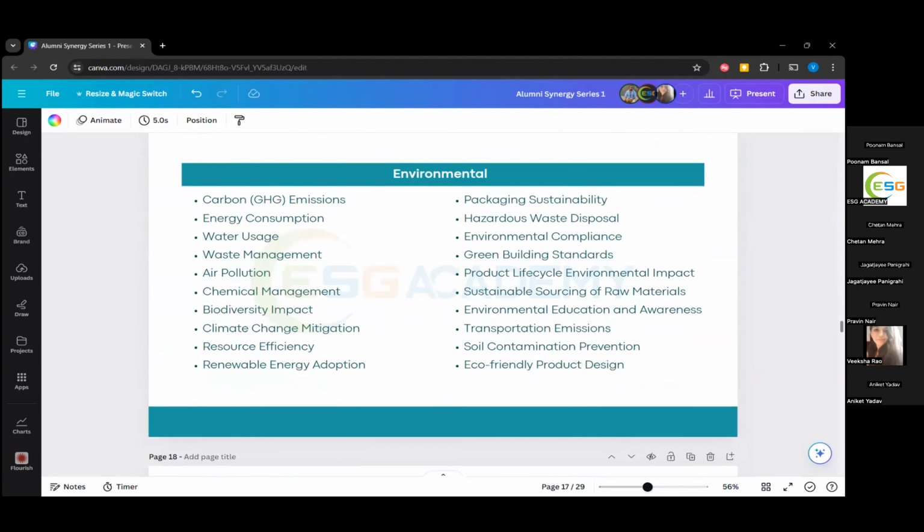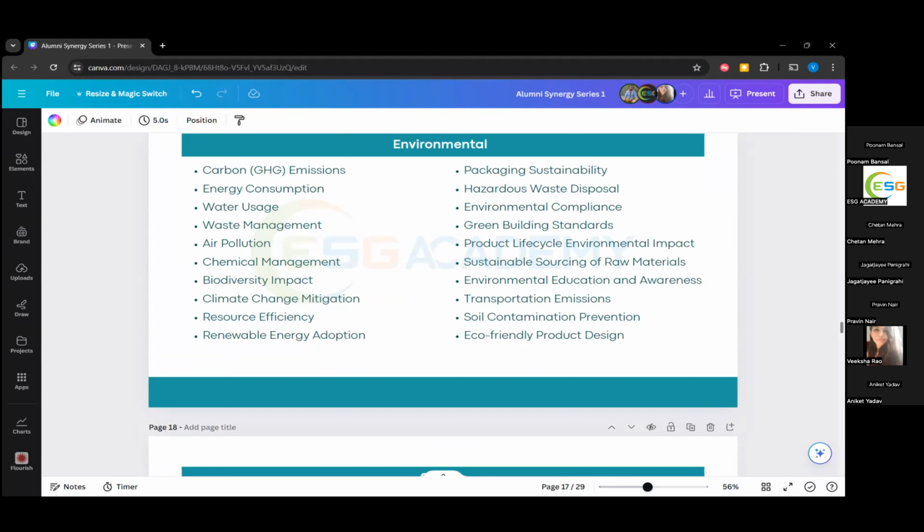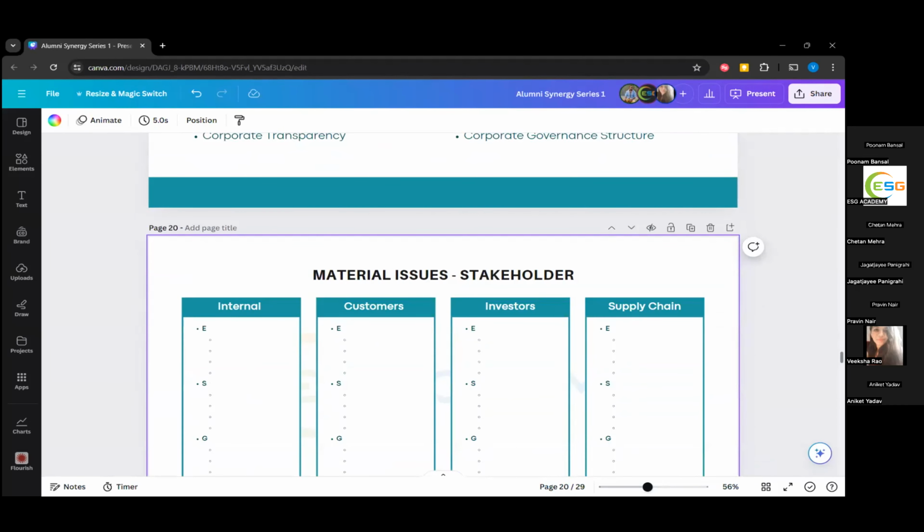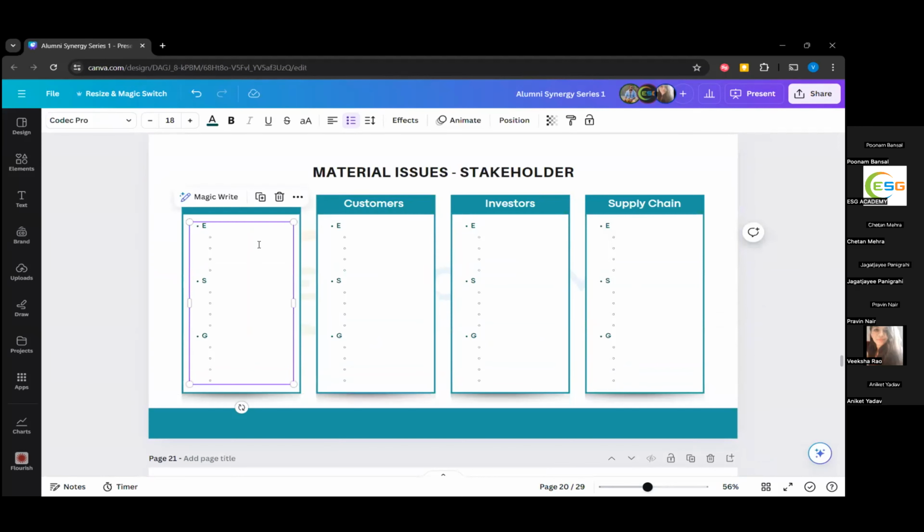Under this, first I think would be chemical management. If I am an internal person, for me, E, right? Yes. So I'll list it. Chemical management. Waste management. Energy conservation, water conservation.